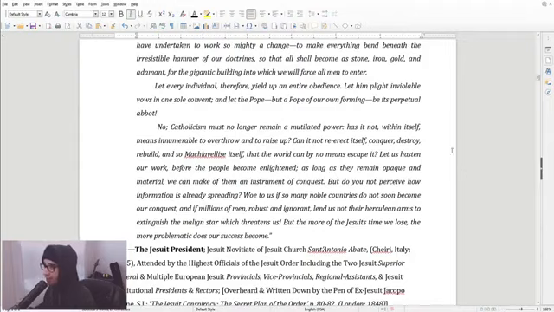Has it not within itself means insurmountable to overthrow and to raise up? Can it not re-erect itself, conquer, destroy, rebuild, and so Machiavellize itself that the world can by no means escape it? Let us hasten our work before the people become enlightened.